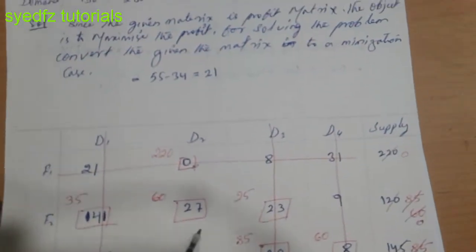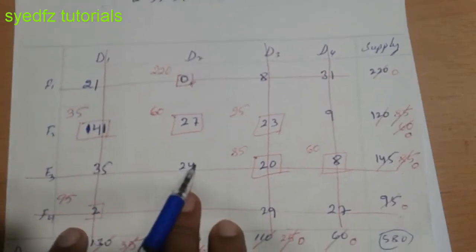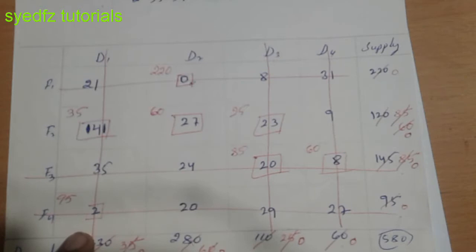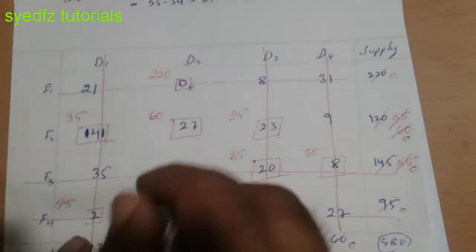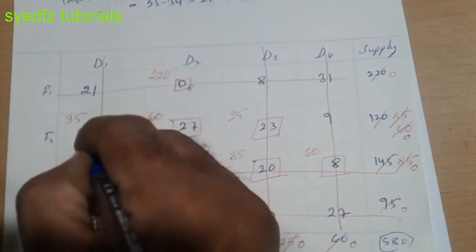Okay, so 35 into 41 and 95 into 2, sorry, this is 14 only.